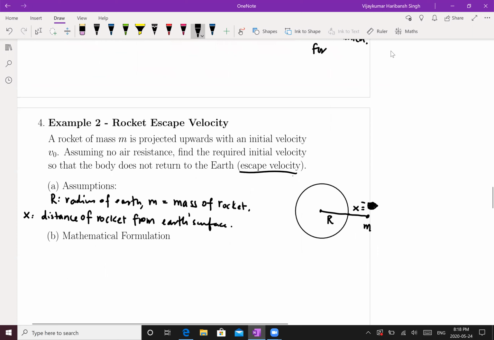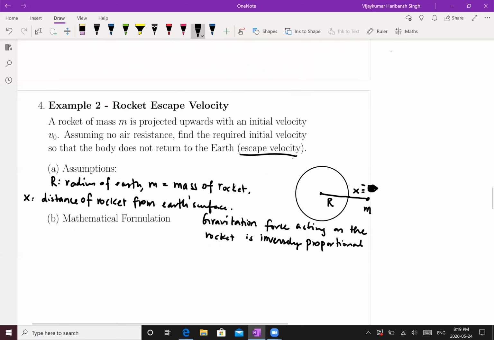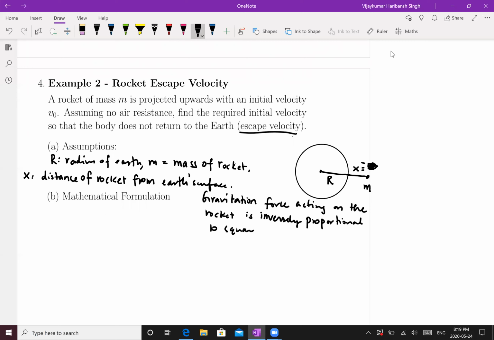And one more thing we are assuming, which comes from Newton's law of gravitation, is that the gravitational force acting on your rocket is inversely proportional to the square of the distance from the center of Earth.